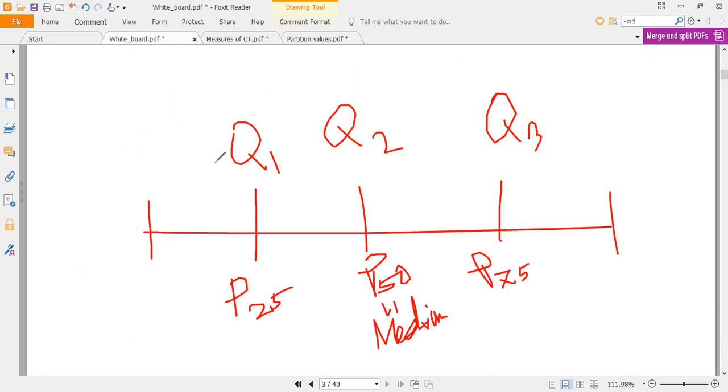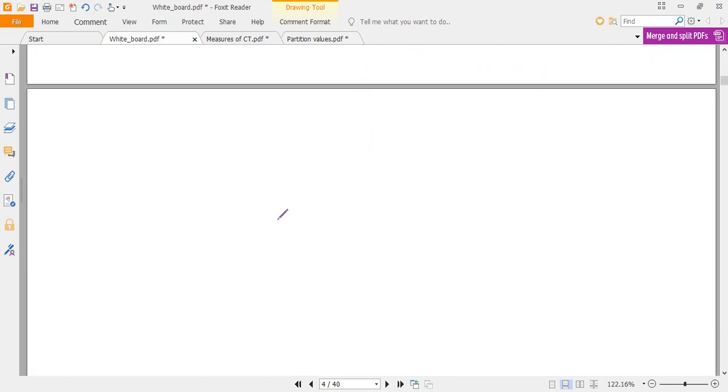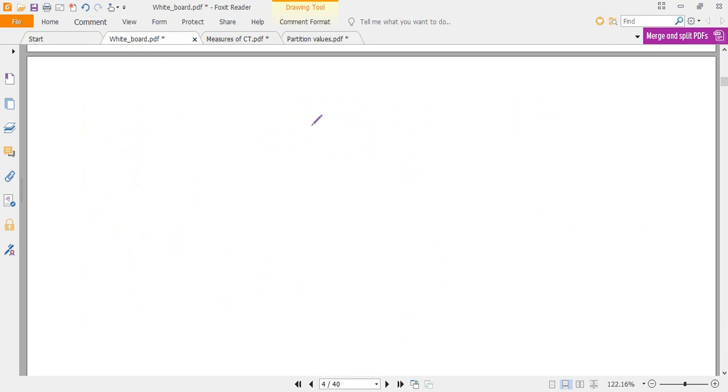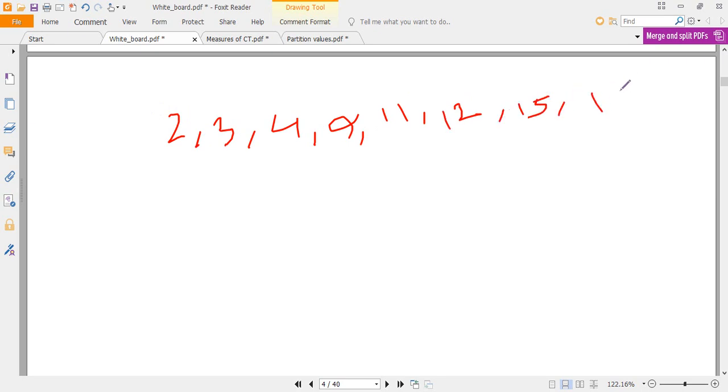Suppose we have some data, say 2, 3, 4, 9, 11, 12, 15, 16, and so on, counting 1, 2, 3, 4, 5, 6, 7, 8.